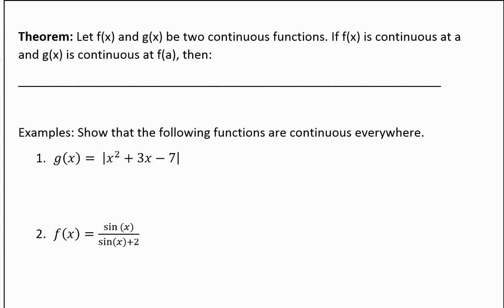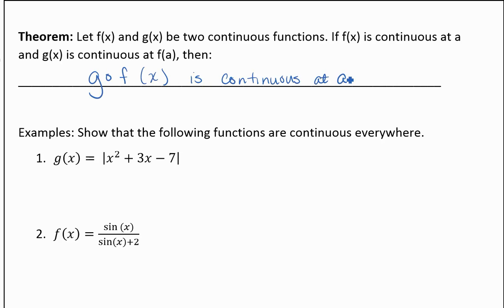So we've talked about how all of the algebra affects the continuity of functions, and now we'll talk about composing two functions. So it says let f of x and g of x be two continuous functions. If f of x is continuous at a and g of x is continuous at f of a, then g composed with f of x is continuous at a.